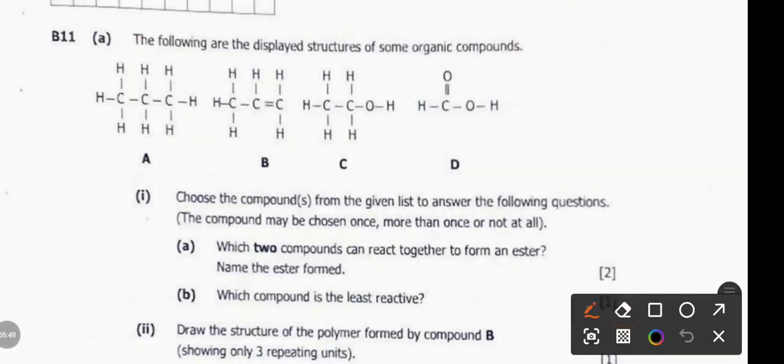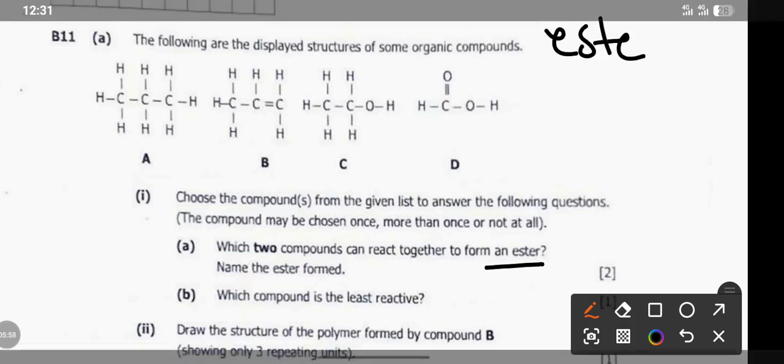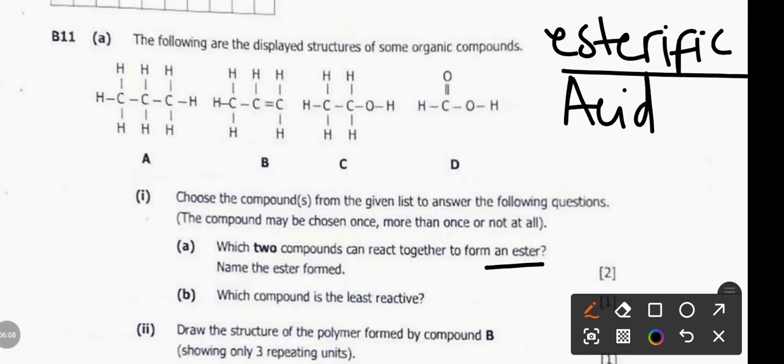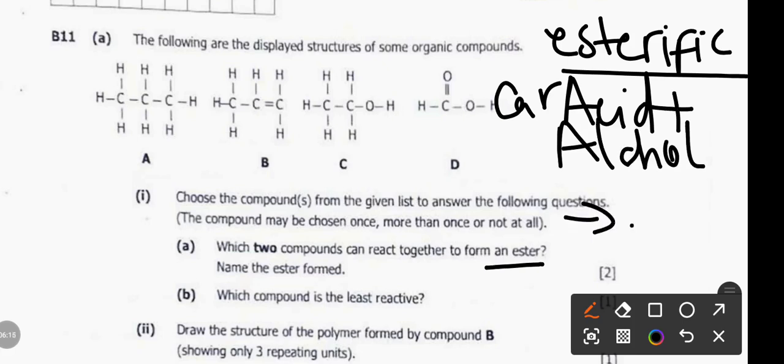Here we should know that esters are formed from a reaction called an esterification reaction. This is a reaction between an acid, to be specific a carboxylic acid, plus an alcohol. When they react together, they form an ester plus water.